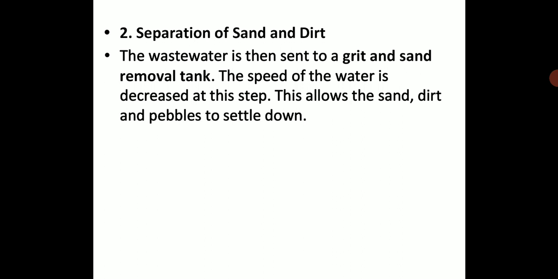The wastewater is then sent to a grit and sand removal tank. The speed of the water is decreased at this step. This allows the sand, dirt, and pebbles to settle down. So, this is a technique by which sand and dirt can be separated from water. This is the second step in treating wastewater. The first step we have already done in the previous session. I hope you are writing all these steps, children.